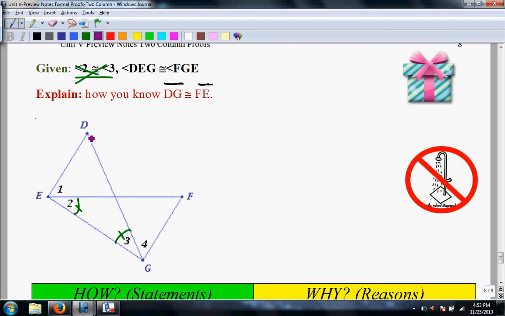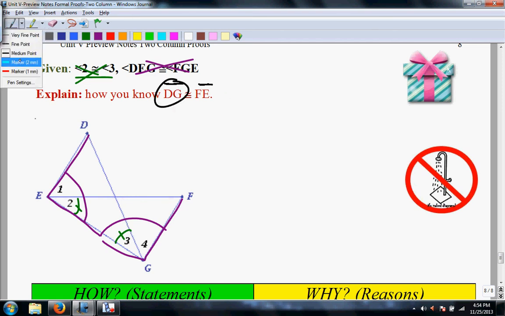And that DEG, trace and sweep, is congruent to FGE, trace and sweep. So all I have is those two equal. We want to explain how we know the fact that DG is congruent to FE.